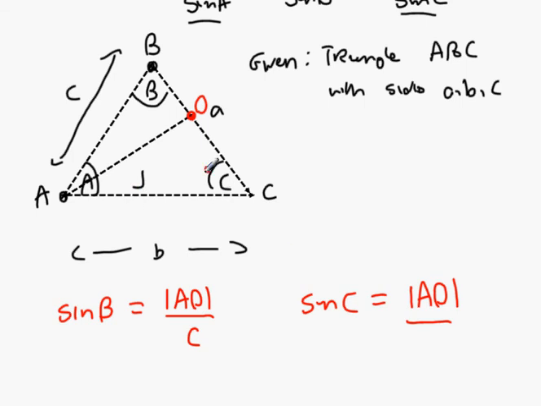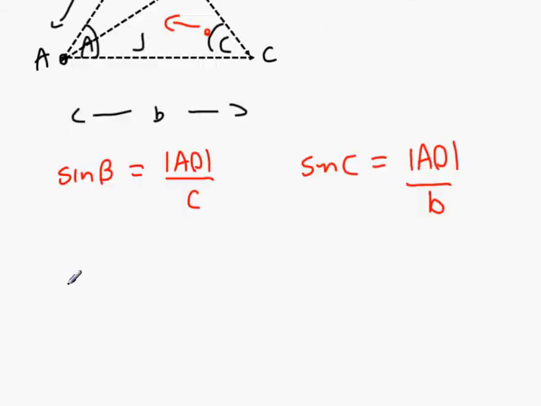Here, sine C, that's the opposite side, that's the hypotenuse. So what we're going to do is cross multiply and get AD on its own.